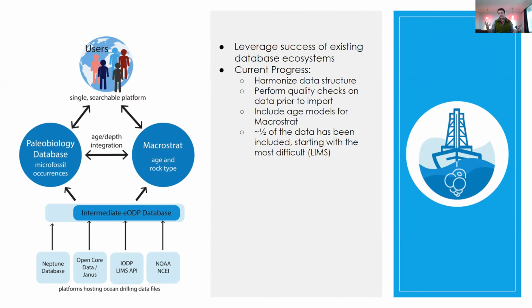So the first thing that we've done is work on harmonizing that data structure so that it can be hosted on one individual database. So that is what you're seeing there in the blue.